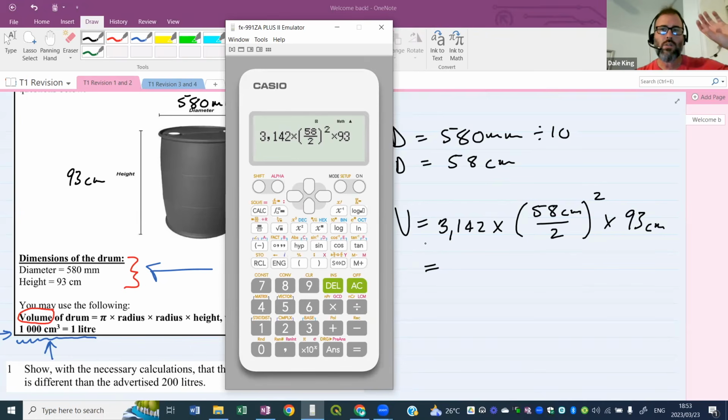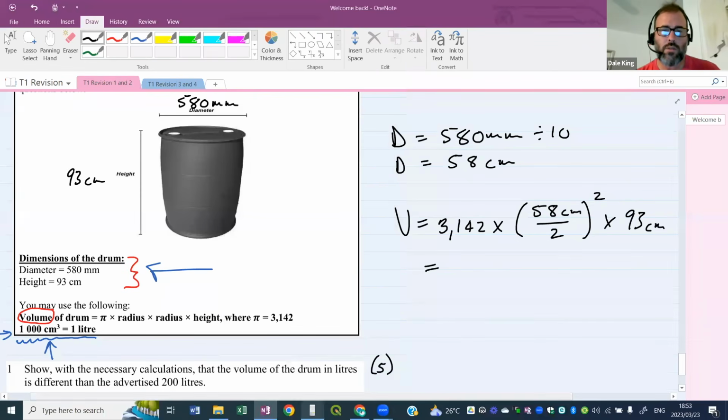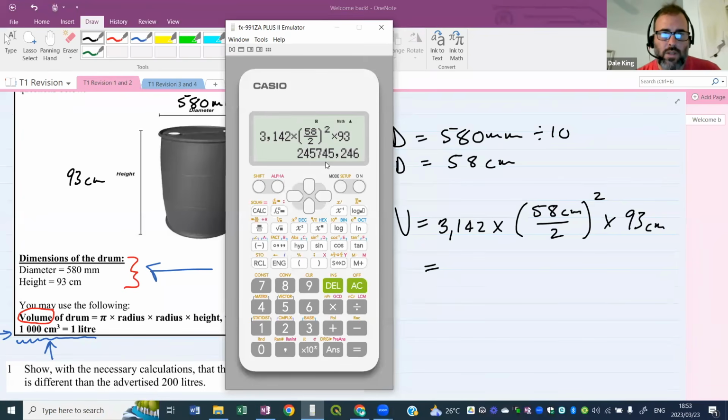If you want to do a small calculation first and then bring it into the formula, that's fine. If you want to work out the radius first before coming to the volume formula, that's fine. I'm showing all the little bits and pieces in one thing. All right, I'm ready to press equals. Yo, that is a big number. So we've got 245,745.